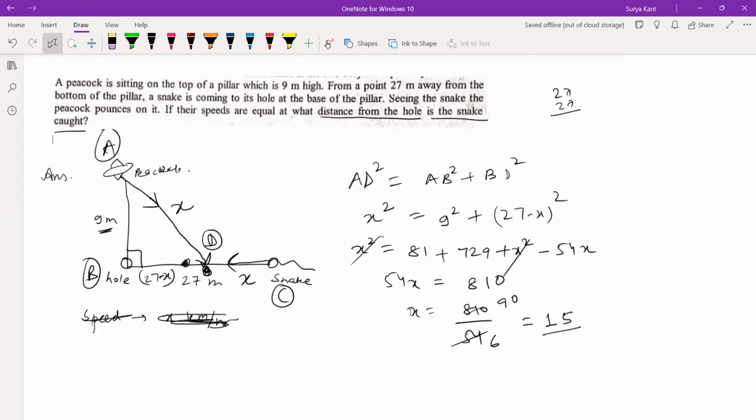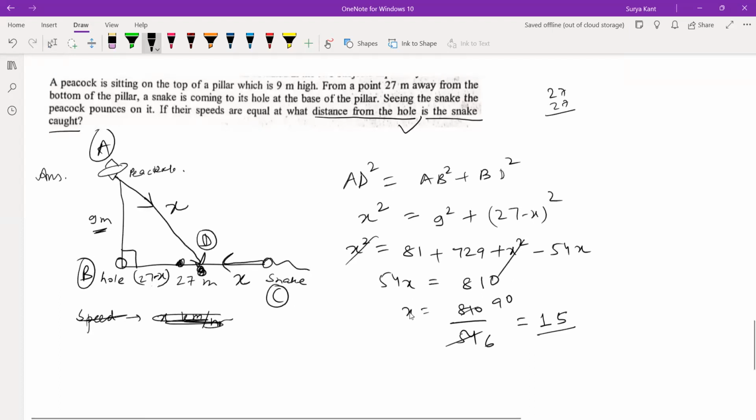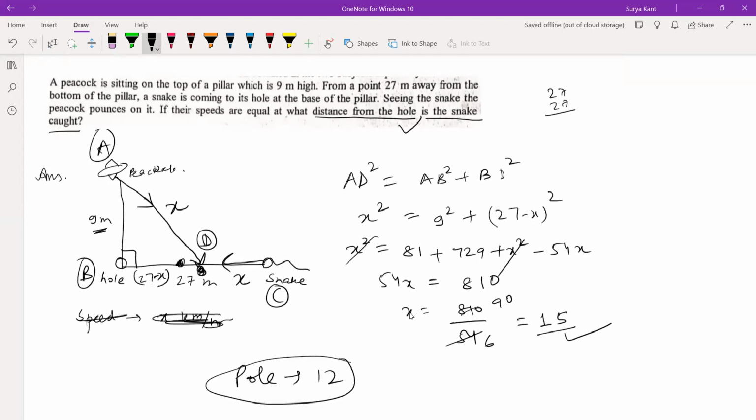But if they say hole, then the answer is 15. If they ask from the pole, then the answer is 12. Remember, if the question says hole, the answer is 15. If they ask from the pole, the answer is 12. Correct, no, Dhananjay?